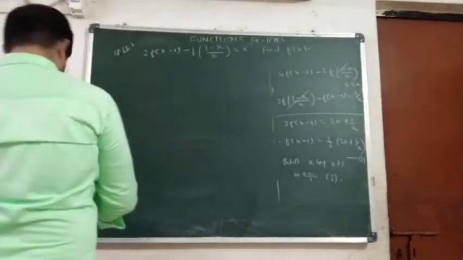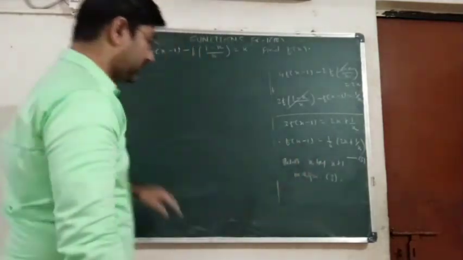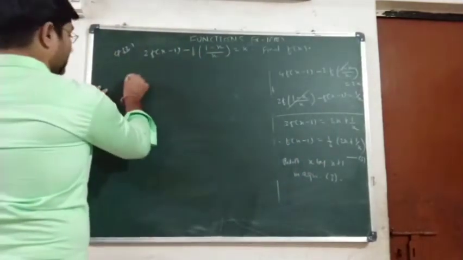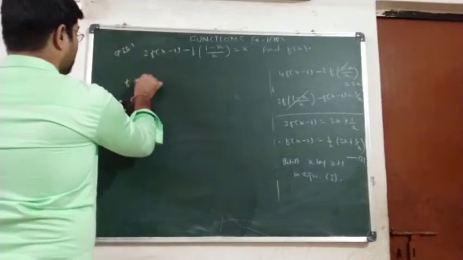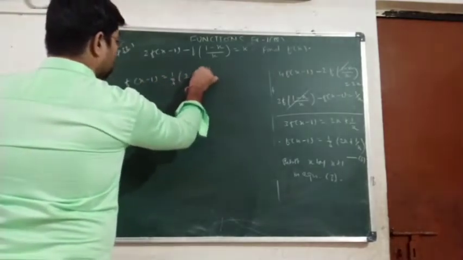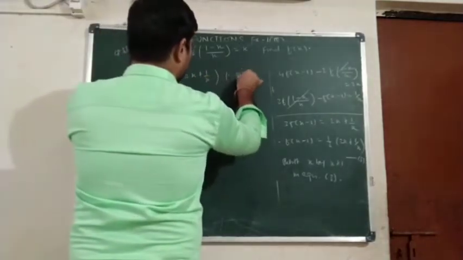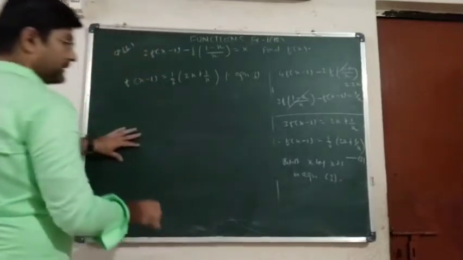Okay, now let us substitute x by x plus 1 in equation 3. Once again I will write down equation 3: f of x minus 1 is equal to 1 by 3 into (2x plus 1) upon x. Let us substitute x by x plus 1.